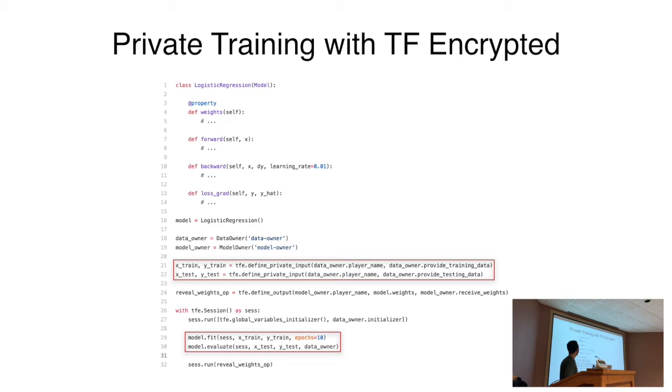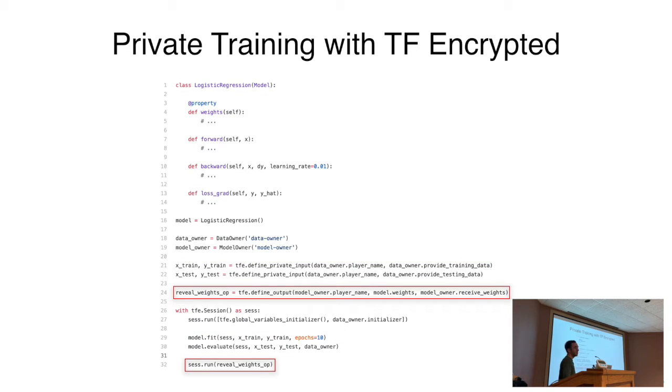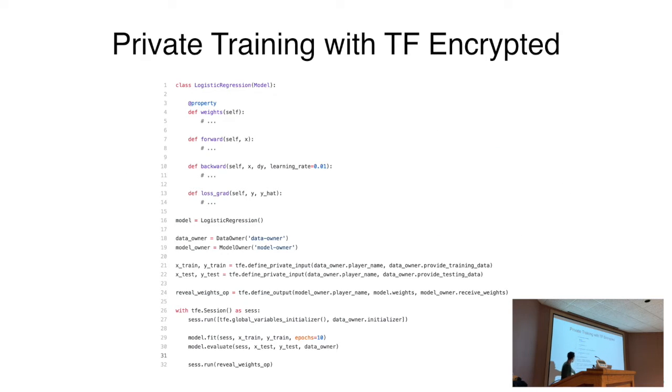But essentially, you can create this model, designate data owner and model owner, and then create the inputs based on who owns the data, define the weights, like who's going to receive the weights afterwards, designate that as the model owner, and then run a model.fit, which is similar to Keras style, just like training the model, and then evaluate on test data if you need to, which you probably did.